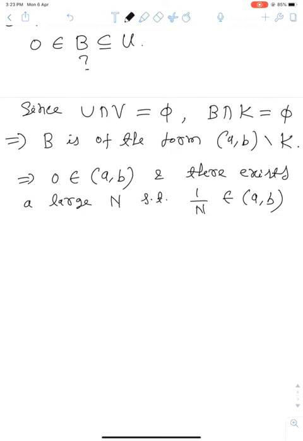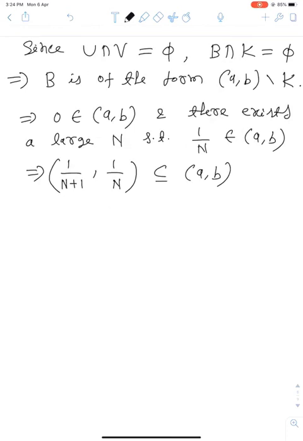We have a large N such that 1 by N belongs to AB. Now that will imply 1 by N plus 1, 1 by N, this open set, is a subset of AB, right? This is also clear.